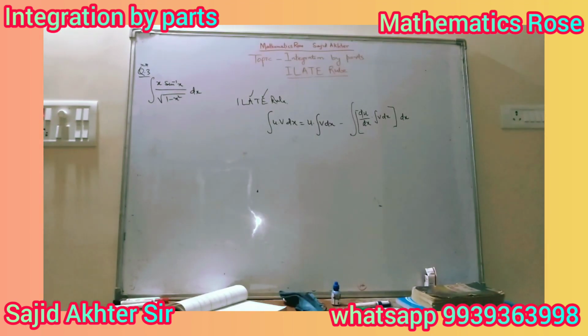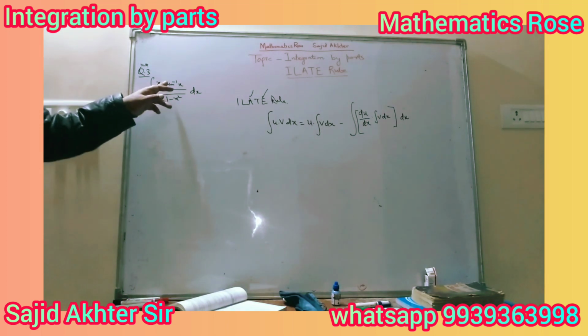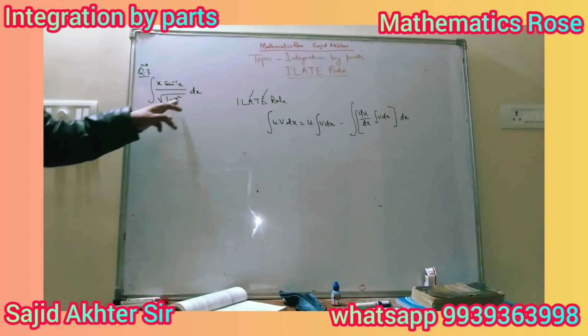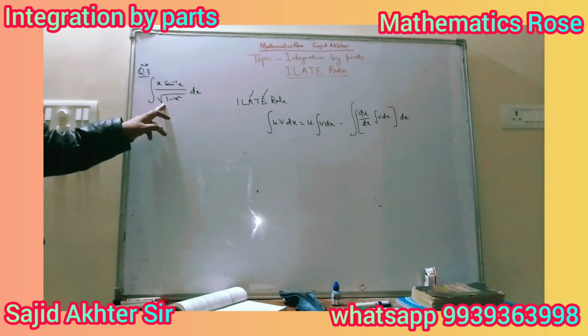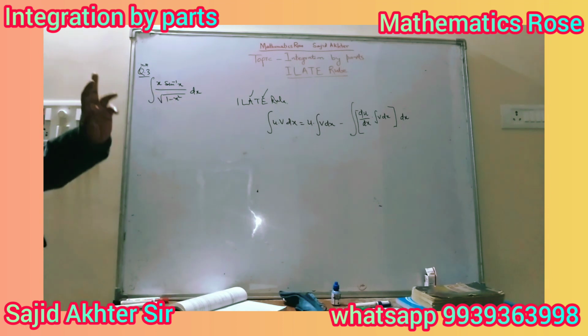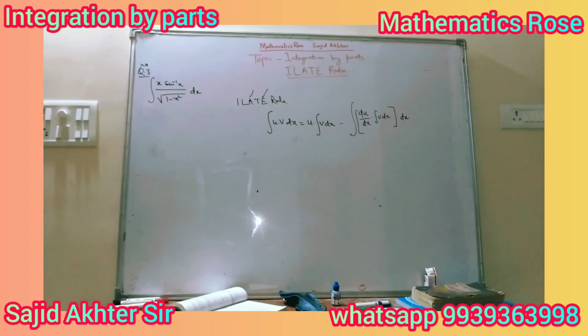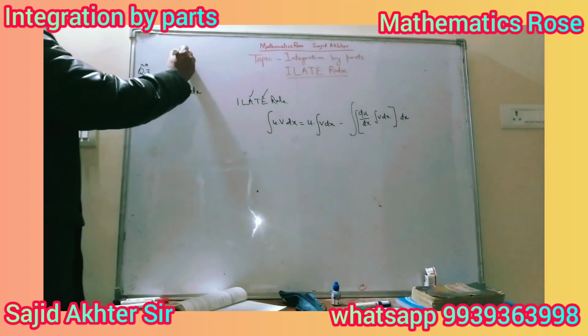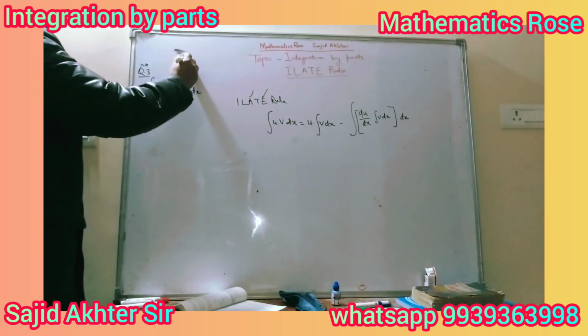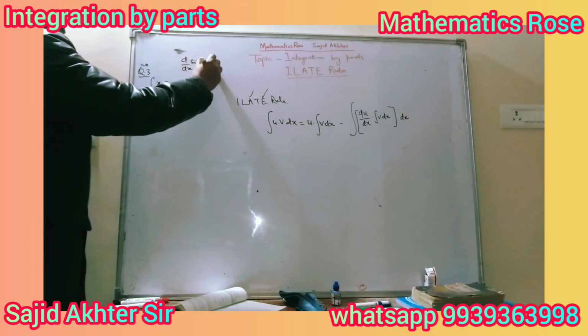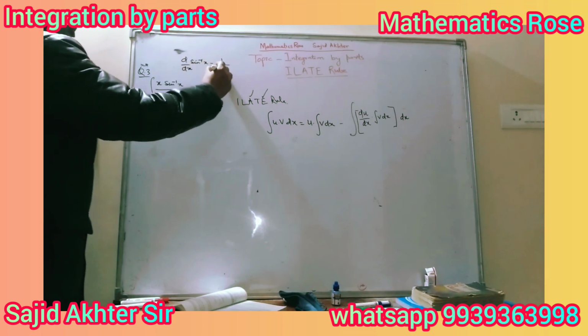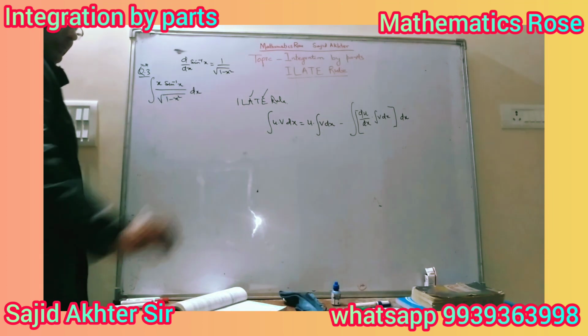So now again we have to use Euler's rule, as well as substitution. We know that the integrand is x into sin inverse x upon root under 1 minus x square, and the differentiation of sin inverse x is 1 upon root under 1 minus x square.